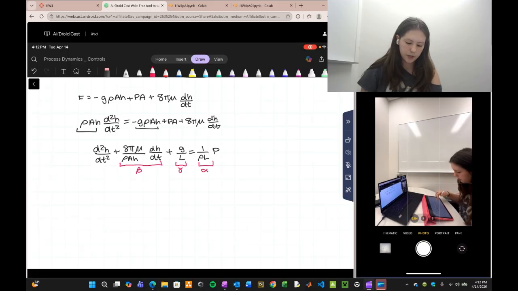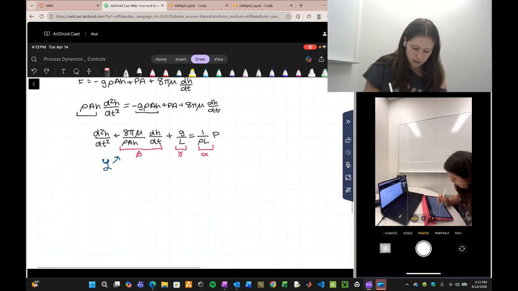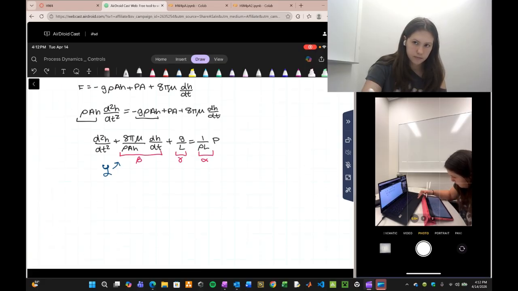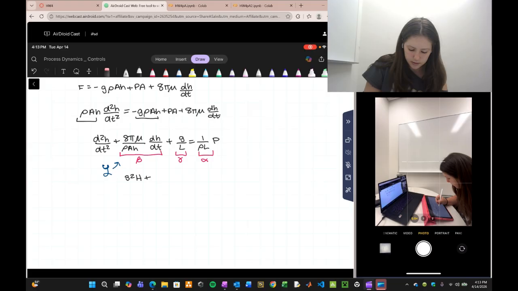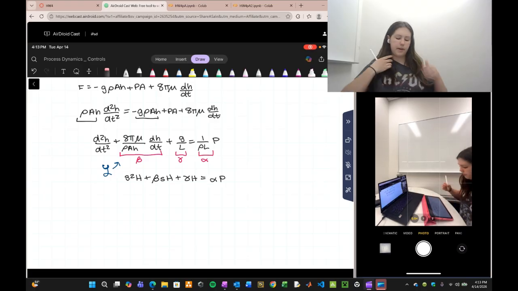So when we take the Laplace transform of this equation that we have, we will end up getting s squared h plus beta s h, and then plus gamma h. And that will equal alpha p.